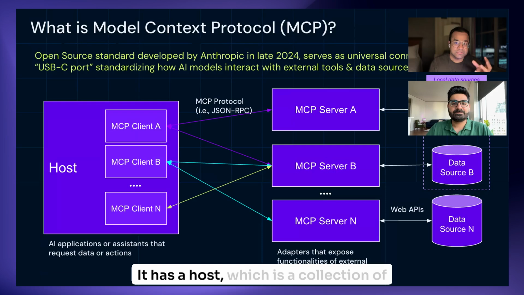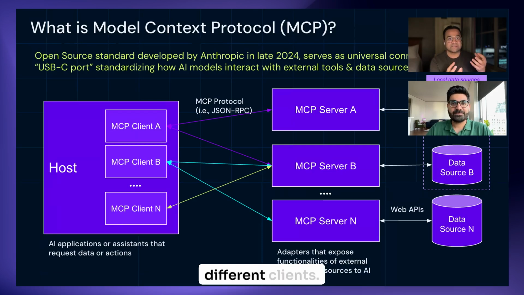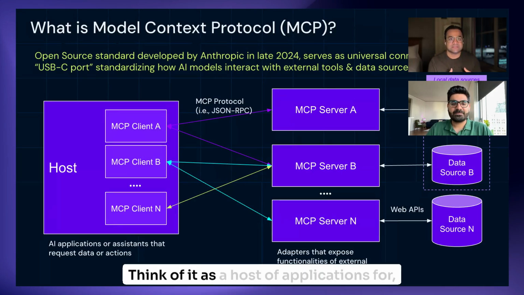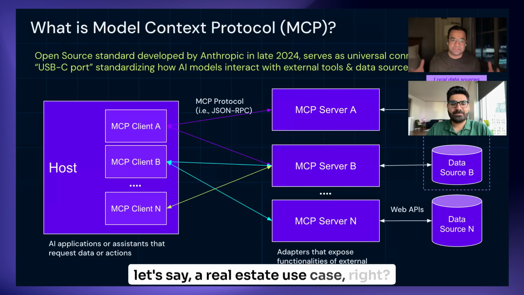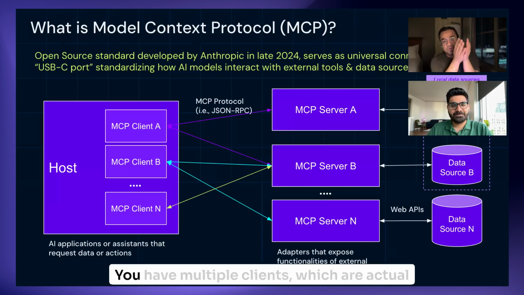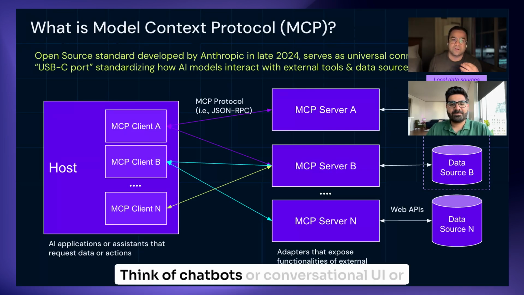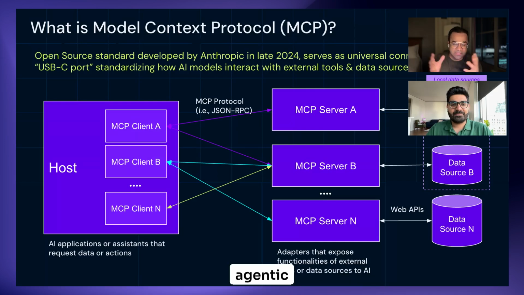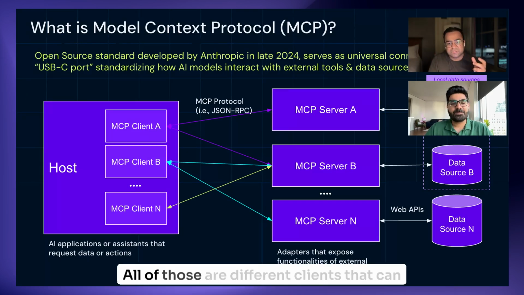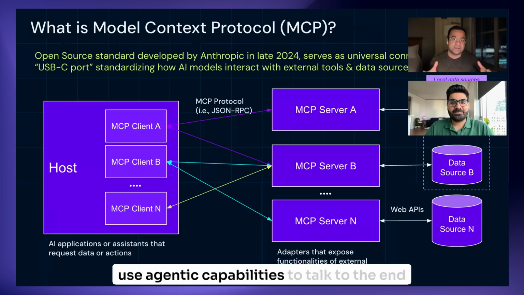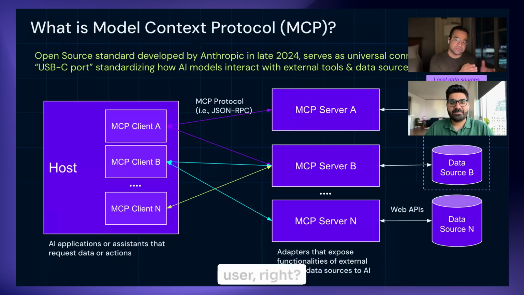It has a host, which is a collection of different clients. Think of it as a host of applications for, let's say, a real estate use case, right? So that's the host. You have multiple clients, which are actual AI applications. Think of chatbots or conversational UI or agentic ecosystem, etc. All of those are different clients that can use agentic capabilities to talk to the end user, right?